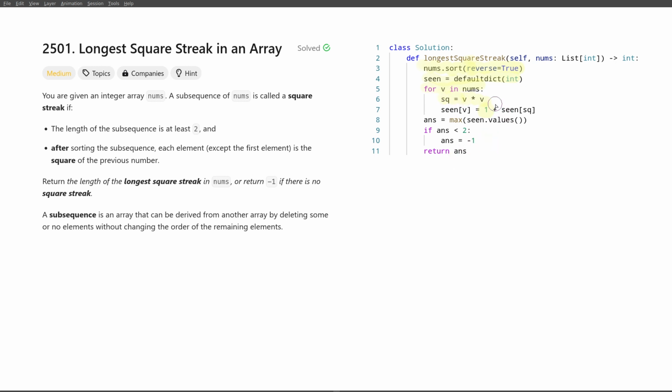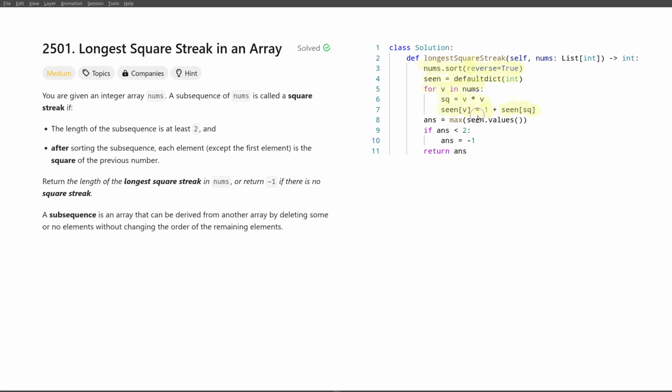If that square was already seen as an end of a streak before, then we can extend that streak by 1. So we take the previous value of the streak and add 1 to it. Our seen dictionary is a default dict, which means that if square was not seen, then we have here the value of 0 immediately. So this is for ease of writing.